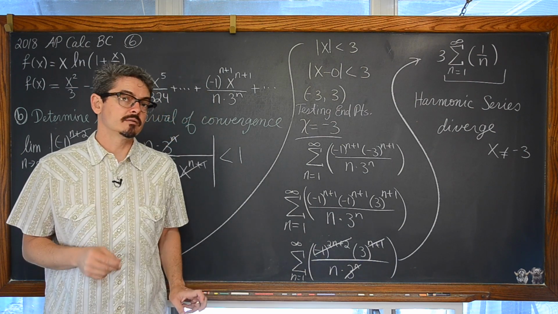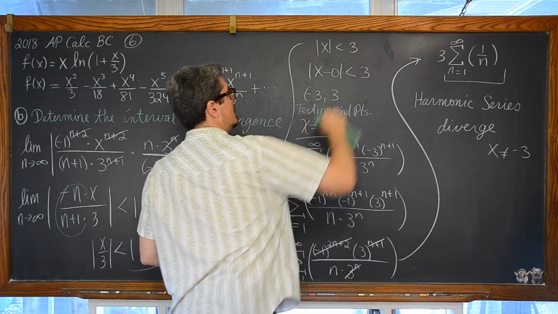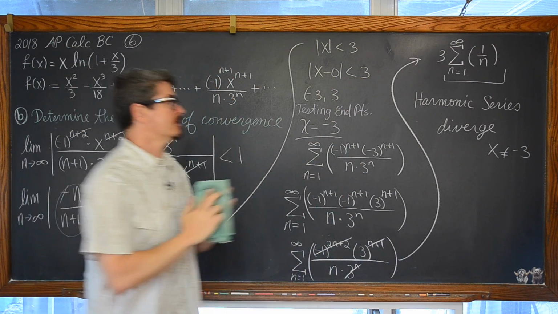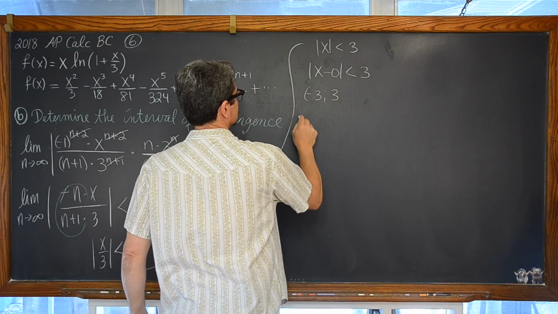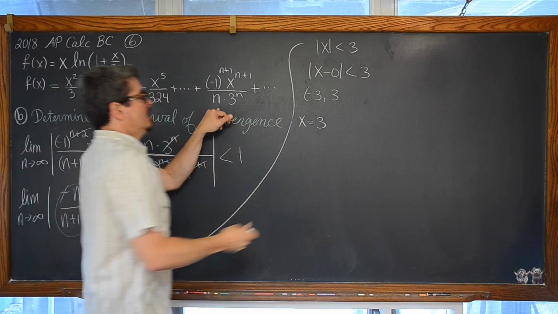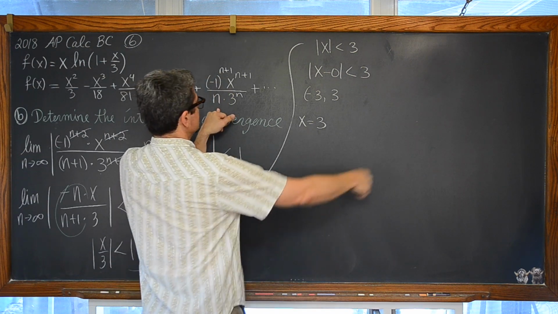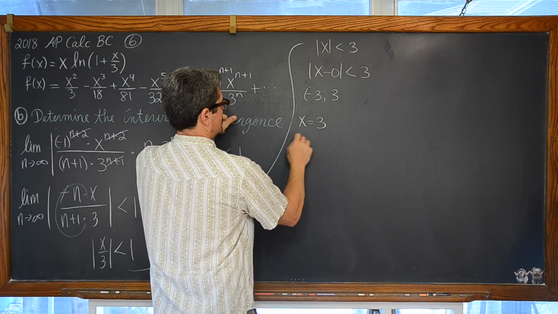Now let's test x equal to +3 and see if this is going to be an open interval or closed interval on our interval of convergence. One more time, write out the Maclaurin series with sigma notation.